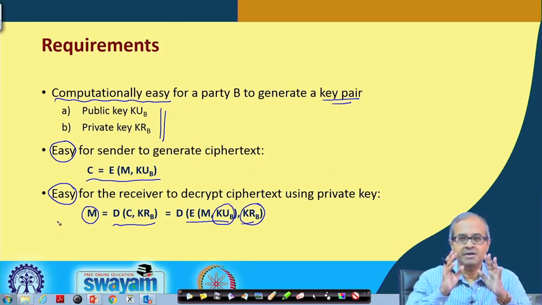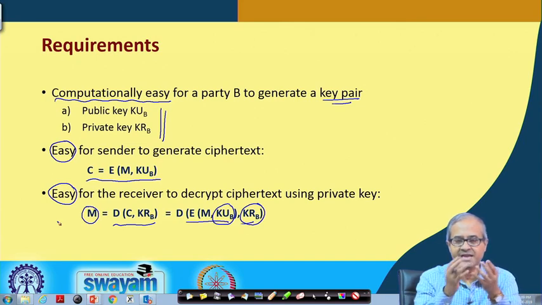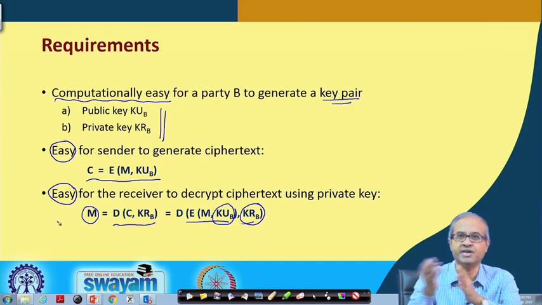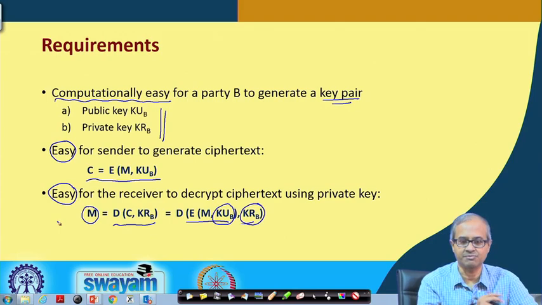So, this algorithm should be such that encryption and decryption should be reversible. If you encrypt using the public key and decrypt using private key, you will get back the original thing, or even the reverse order, you will also get back the same thing. So, these are some of the requirements of public key algorithms.